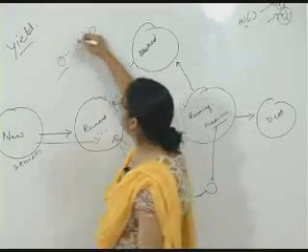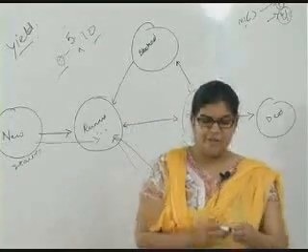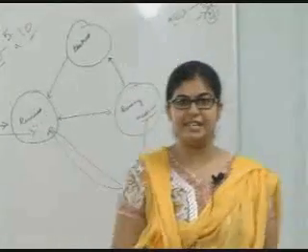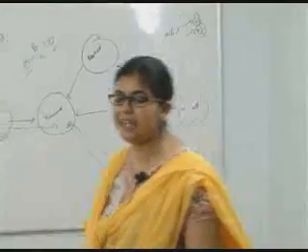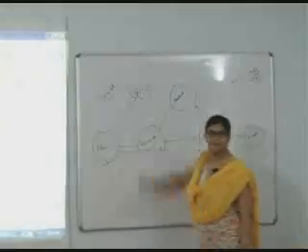The middle is 5, which is the normal priority. Whenever you create threads and don't set any priority, by default all threads have normal priority, that is, priority 5.